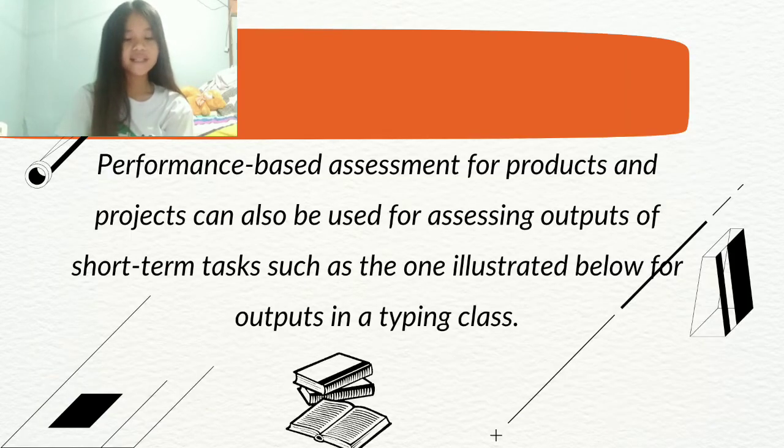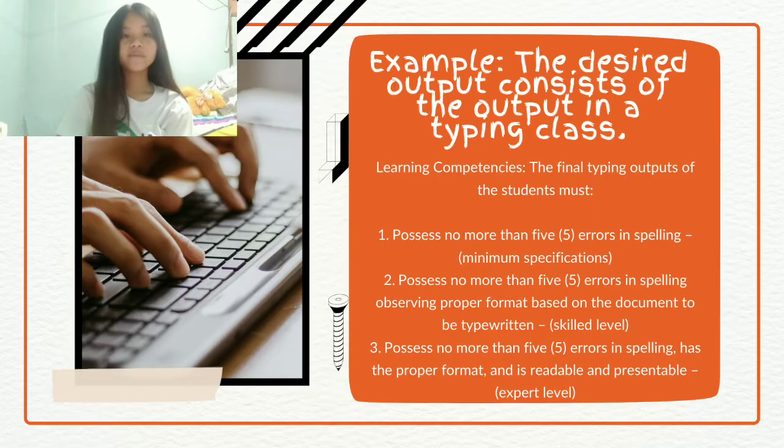So performance-based assessment for products and projects can also be used for assessing outputs of short-term tasks such as the one illustrated below for outputs in a typing class. Example, the desired output consists of the output in a typing class. The learning competencies, the final typing outputs of the students must possess no more than 5 errors in spelling, which is the minimum specifications.